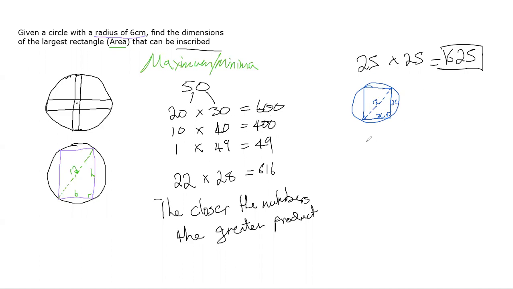So from there, we can just go 144 equals x squared plus x squared, once again with Pythagoras. That'll give us that 2x squared equals 144, and x squared equals 72, x equals the square root of 72, which is what we had before.